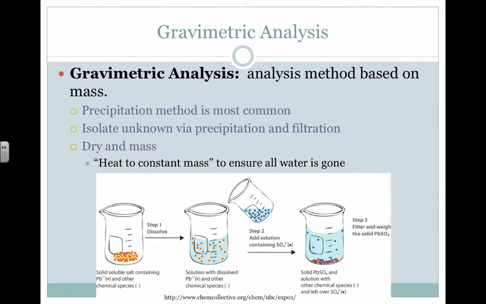Once it's dissolved, we add another aqueous solution that contains an ion which will form a precipitate with the lead 2+ ions. In this case, that ion is sulfate. The sulfate combines with the lead 2+ to form solid lead(II) sulfate. This solid can be easily filtered out, dried, and weighed. The mass of this solid can then be used to determine the amount of lead 2+ in the original sample.